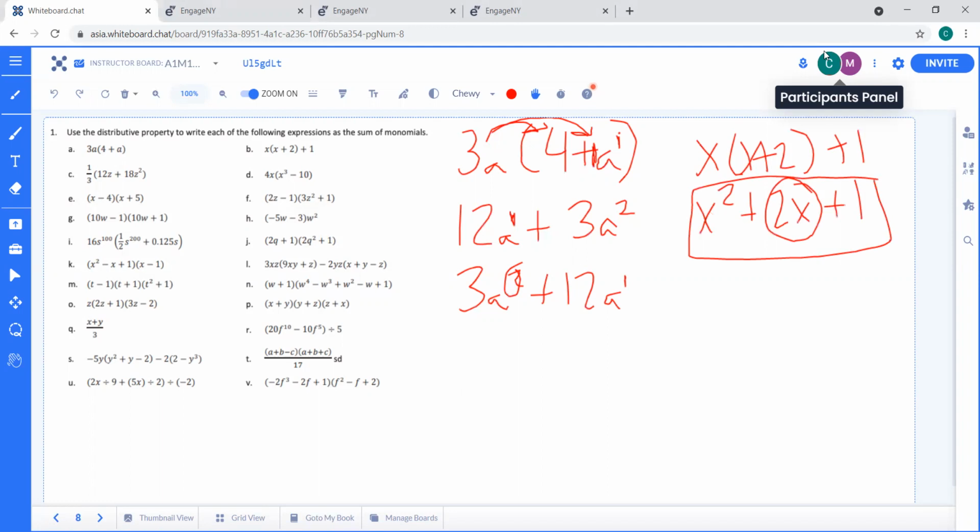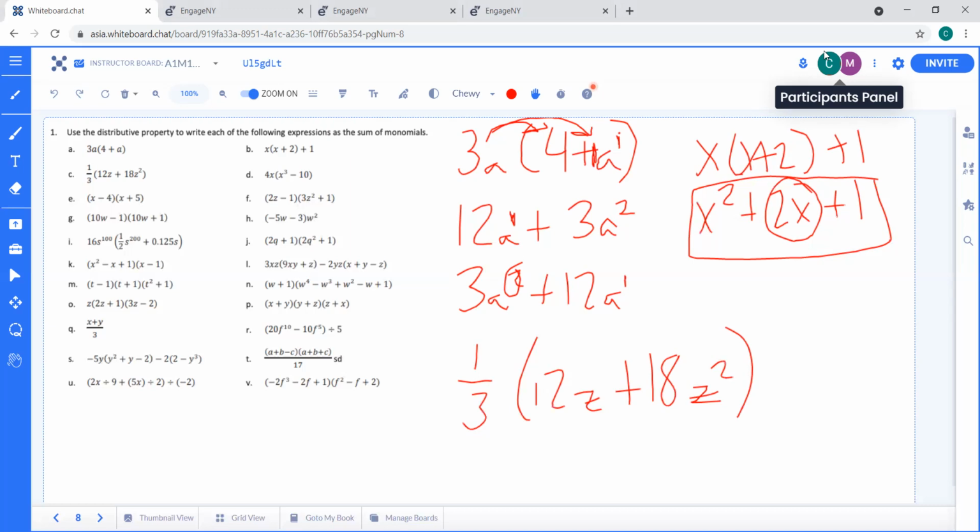C, I guess. It says 1/3 of 12z plus 18z squared. Well, it's the same thing that we did all last year. We said you can either divide by 3 or multiply by 1/3.